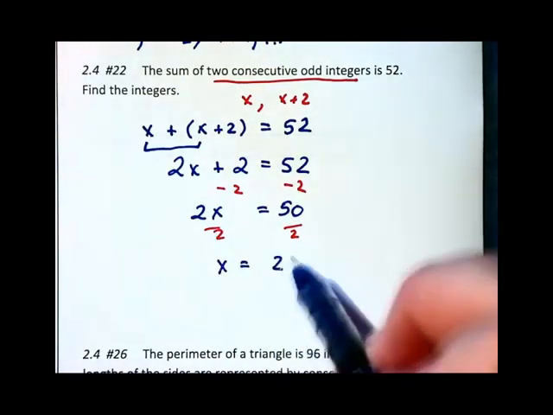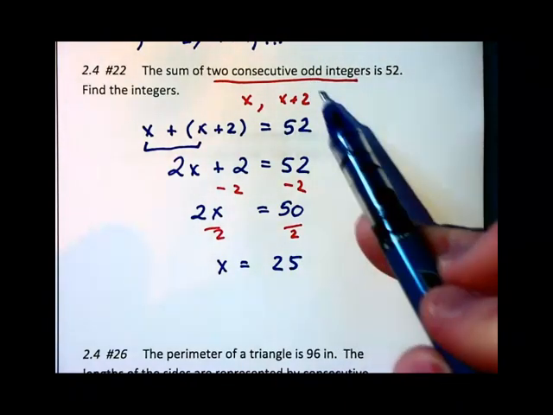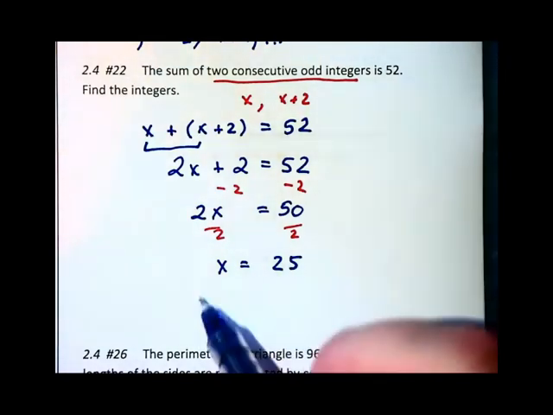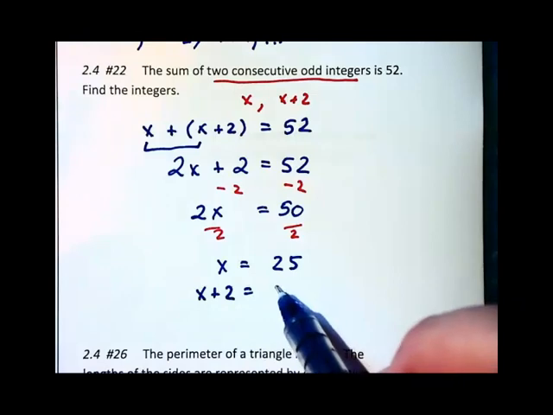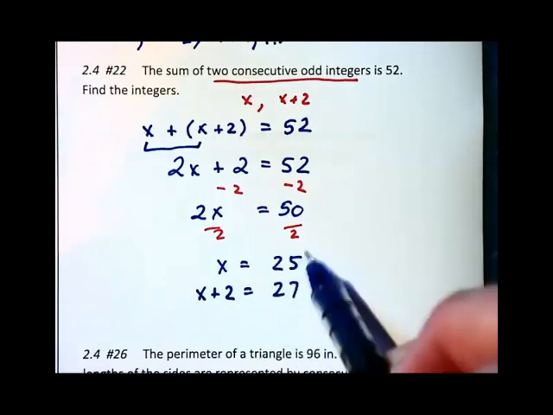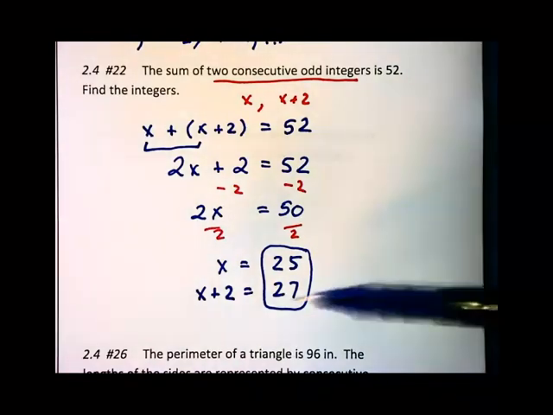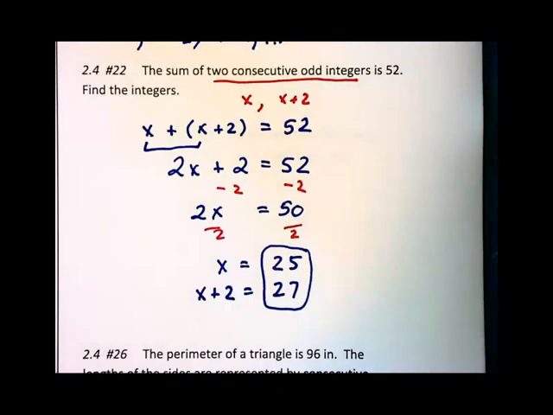Notice that we got an odd number, and it did say we were dealing with two consecutive odd integers. Now, 25 is not our only answer. The other value was going to be 2 more than that, 27. Those are my two consecutive integers whose sum, if you add them together, is 52.